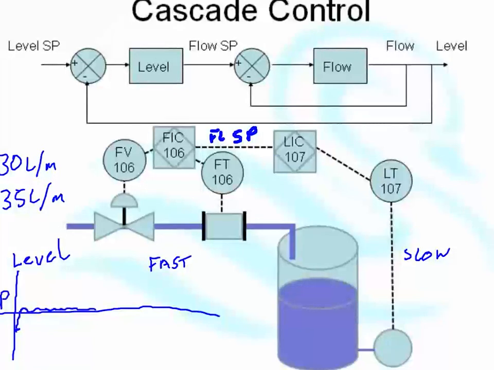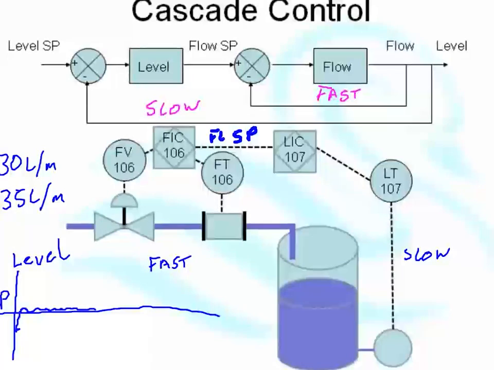So by embedding a fast loop within a slow loop, we effectively get the characteristics of the fast loop on the slow loop. So it's a much better control system now.